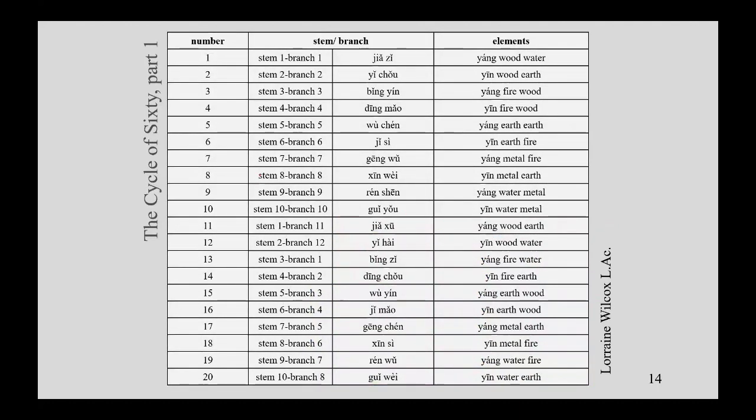And so when you run them all together, they continue through in order forever and ever. There are actually 60 possibilities that always happen in this same order. In Chinese, they're called the 60 jiazi, because jia is the first stem and zi is the first branch. And so that just means all of them.